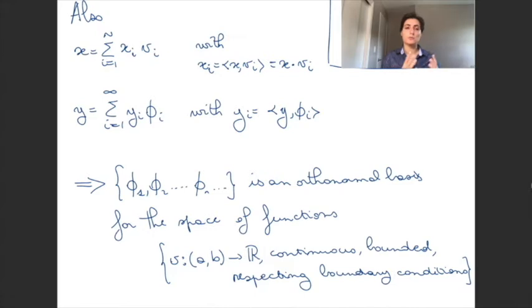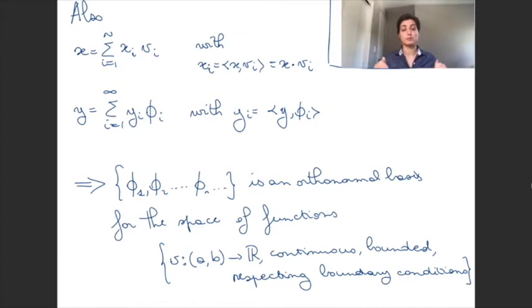Also, we can use this in the same way as we did for symmetric matrices, where we rewrote any vector x as a finite sum of xi times the eigenvectors vi, where xi is indeed the projection of x in the direction vi, so the inner product of x and vi.